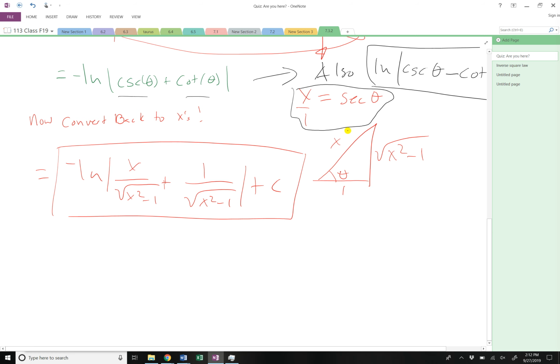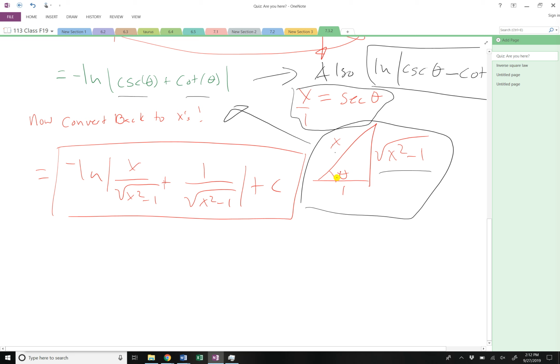Secant is 1 over cosine, so cosine is adjacent over hypotenuse, so secant must be hypotenuse over adjacent. So I know to put them x over 1, use the Pythagorean theorem, solve for this term, and then I use this triangle to find the cosecant and the cotangent.